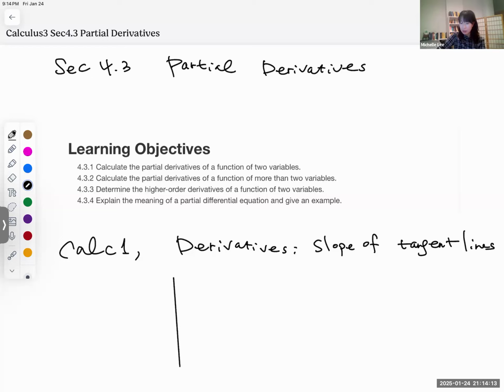Let me draw the graph. X, Y, so like a curve, then that is a slope. So we denote f prime of a, right? So slope of a tangent line.